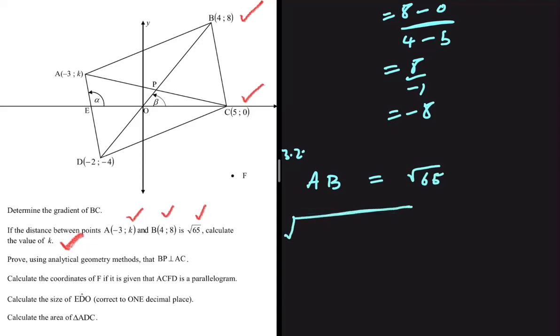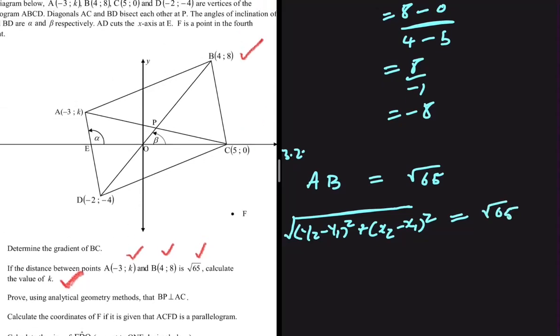If we do that, we're gonna have y2 minus y1 squared plus x2 minus x1 squared being equal to square root of 65. So when we substitute the coordinates of A and B, the only unknown variable we're gonna have is K, and then that is how we are going to find it.